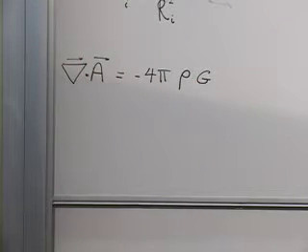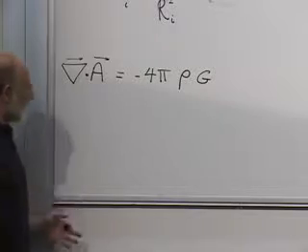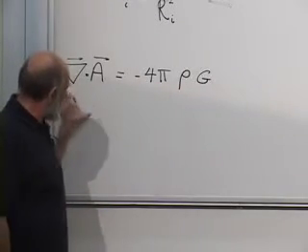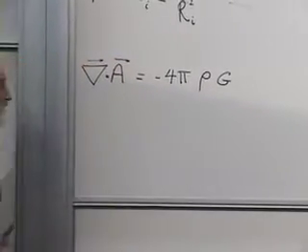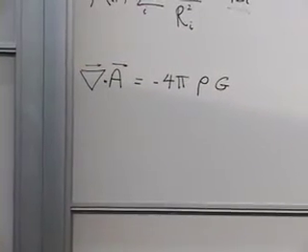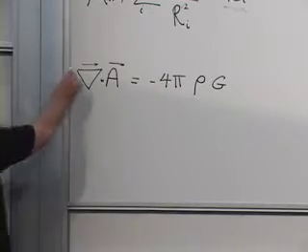The strength of gravity is always proportional to Newton's constant, so the effect of a mass is always proportional to Newton's constant. It's proportional to the amount of mass, that's the rho.